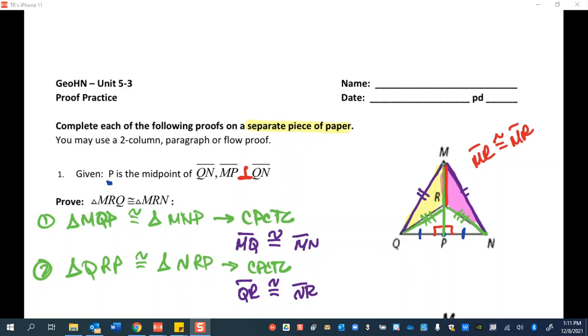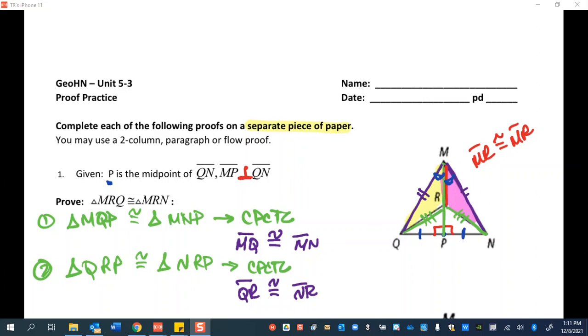So you do need to take the time to talk about the difference between MR and MP. And then you can get side, side, side congruence, and you're good. Hey, did anybody else wonder about these angles here?